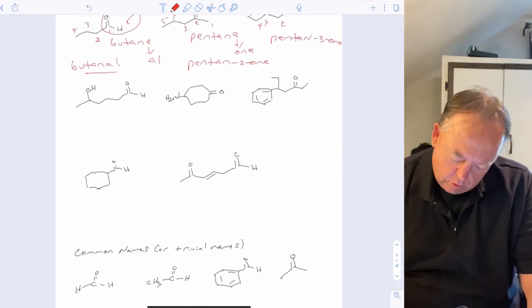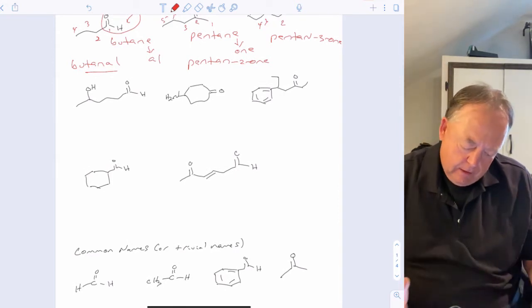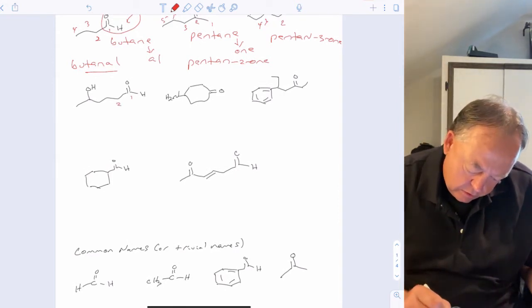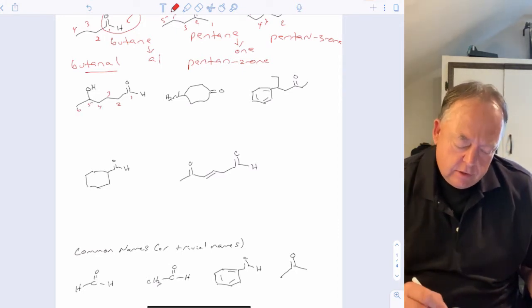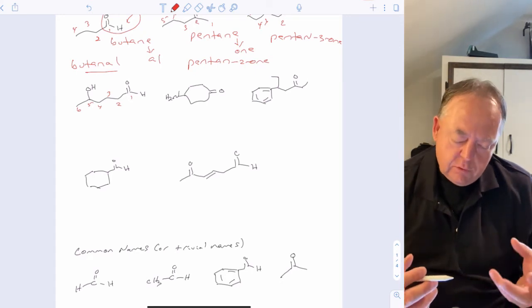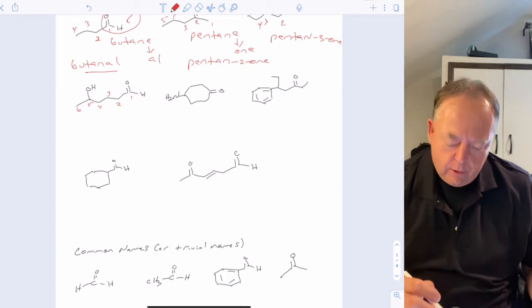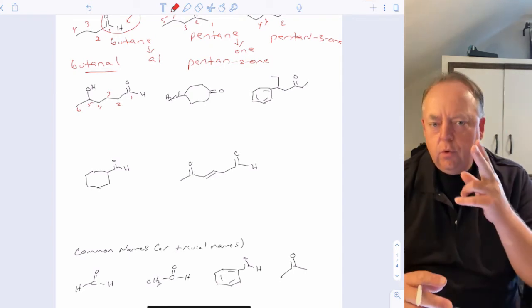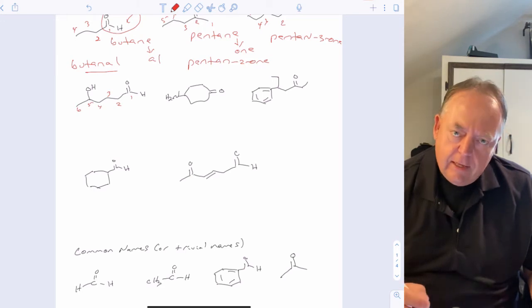Okay, so let's take some more examples, and throw some more complexity in. So in this case, 1, 2, 3, 4, 5, 6. There are 2 functional groups, aldehyde and alcohol. So now you have to know which one has priority. Again, the more oxygens in the functional group, the higher the priority. The aldehyde has like 2 oxygens or 2 bonds to oxygens, and the alcohol only 1, so the aldehyde has priority.